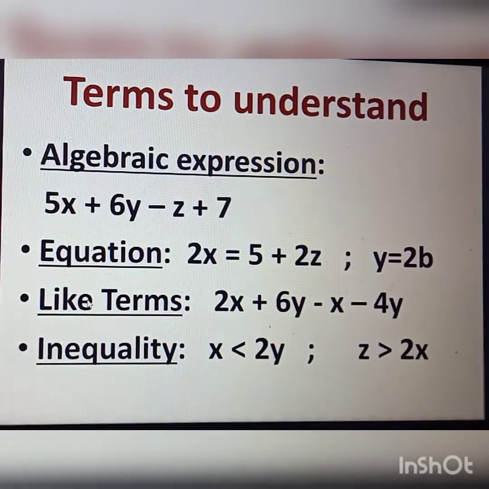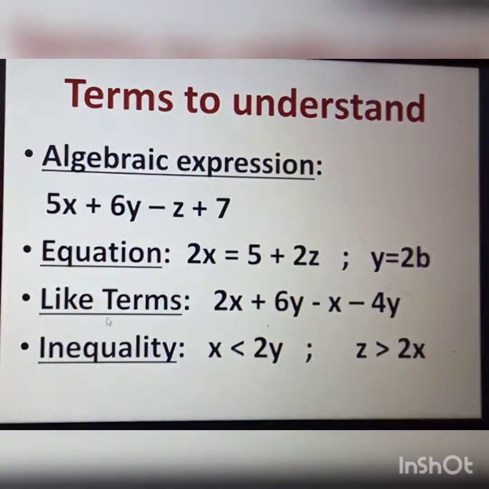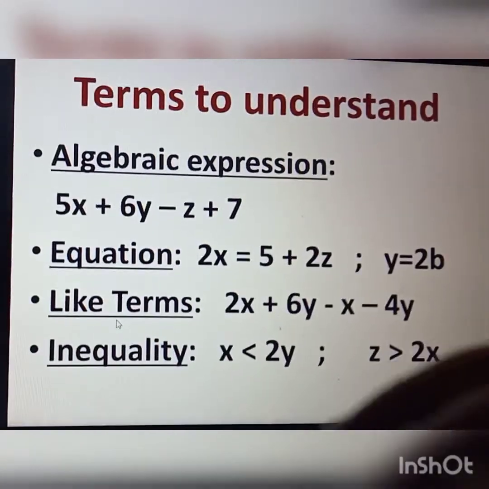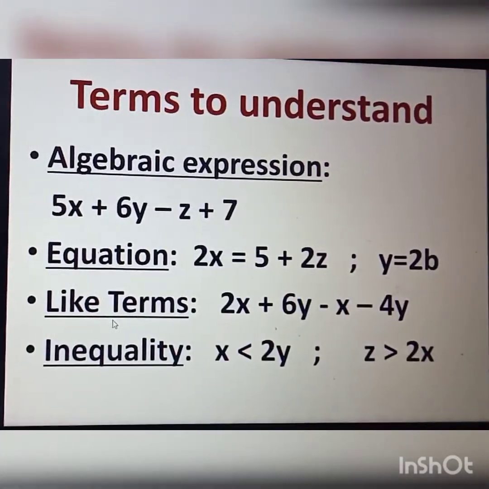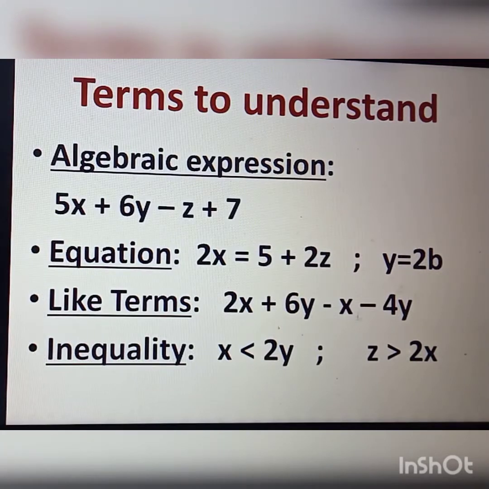Let's move forward. Like terms. This is another important term which is used in algebra. Take this example, 2x plus 6y minus x minus 4y. What type of terms within this algebraic expression are called like terms?